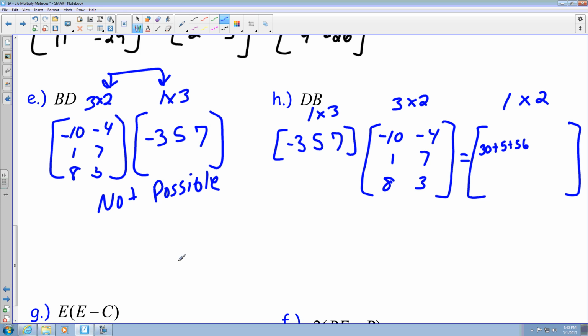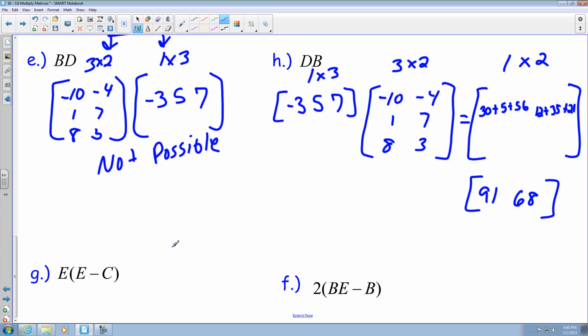This is a 7 here, which makes it 12 plus 35 plus 21. Then when I add these together, I get 91 and 68. Okay?